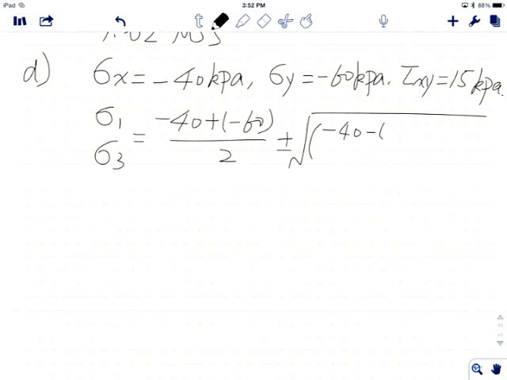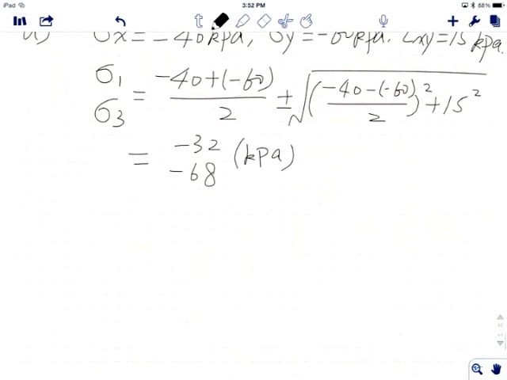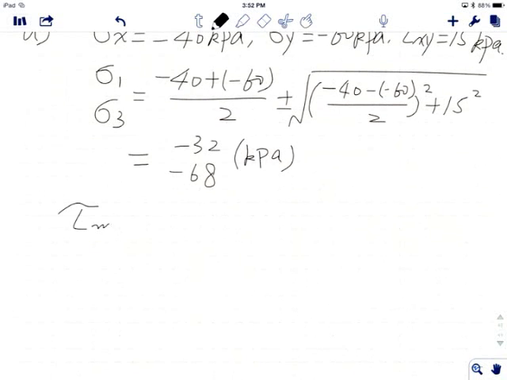Minus 60 divided by 2 squared plus 15 squared. Alright, so I have 2 sets of numbers. Actually I think I should write it this way.